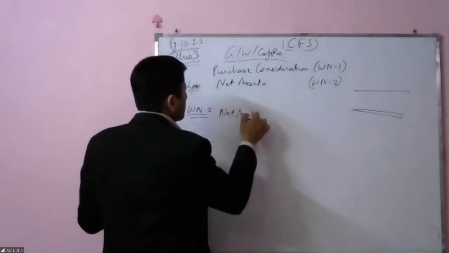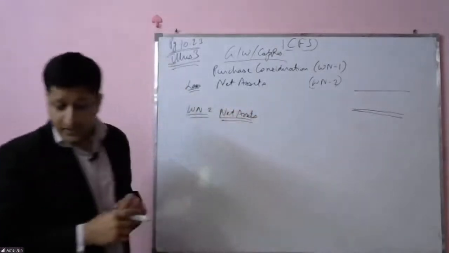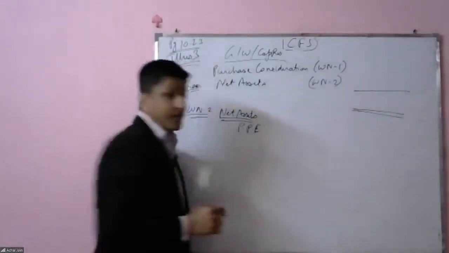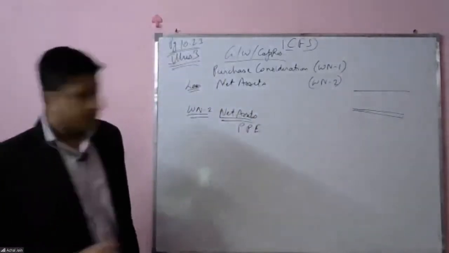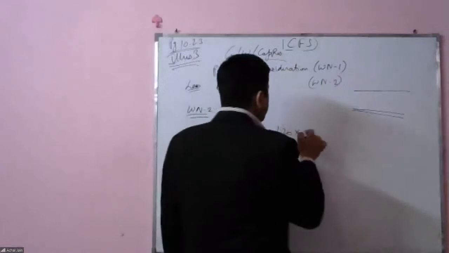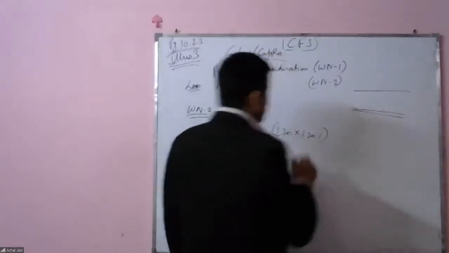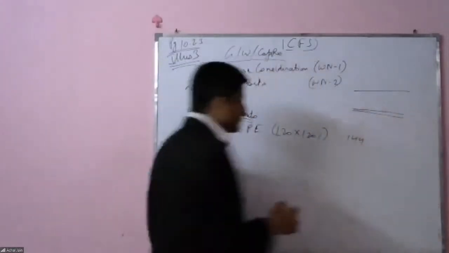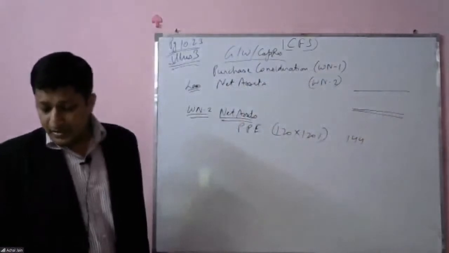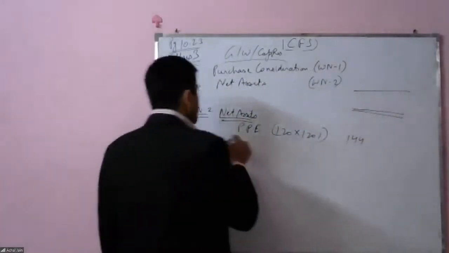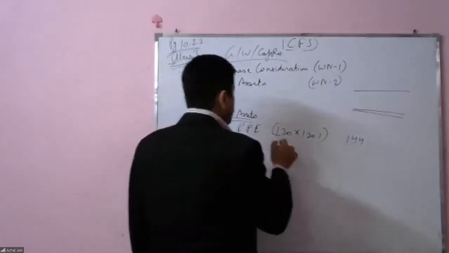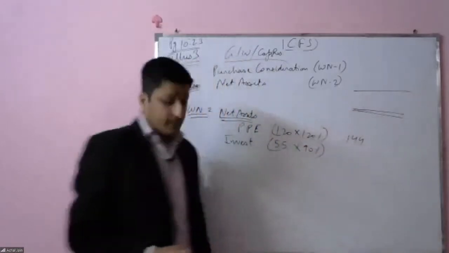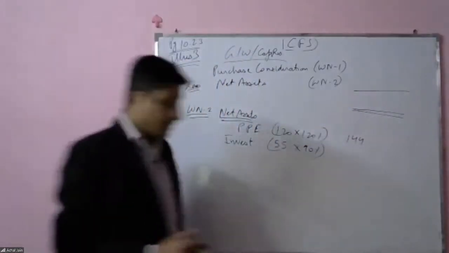Net assets. So in terms of net assets, what do we have? PPE. What's the value of PPE? 120. But this needs to be increased by 20%. So what would it become? 144 lakhs. What's the next thing? Investments. Those need to be reduced by 10%. Investments 55, so a reduction of 10%. So this will become 49.5.